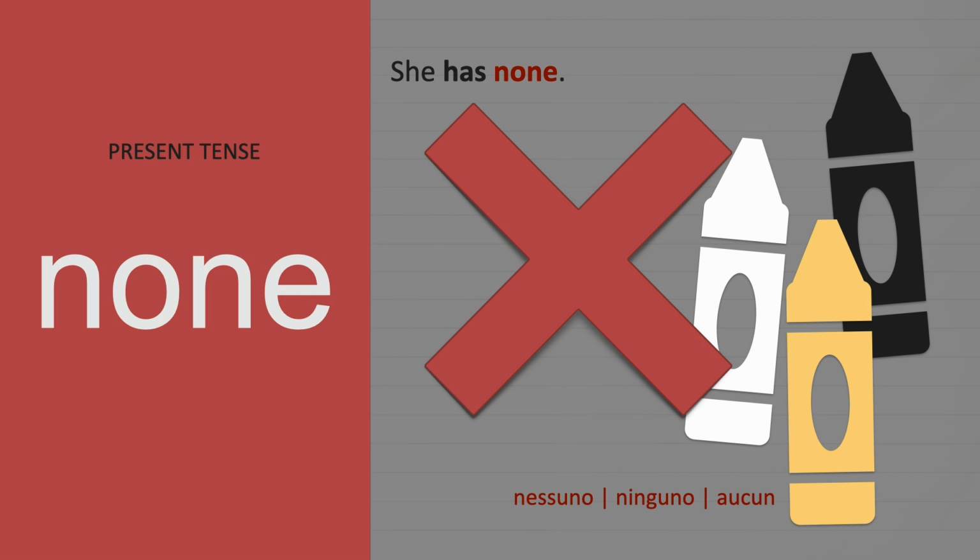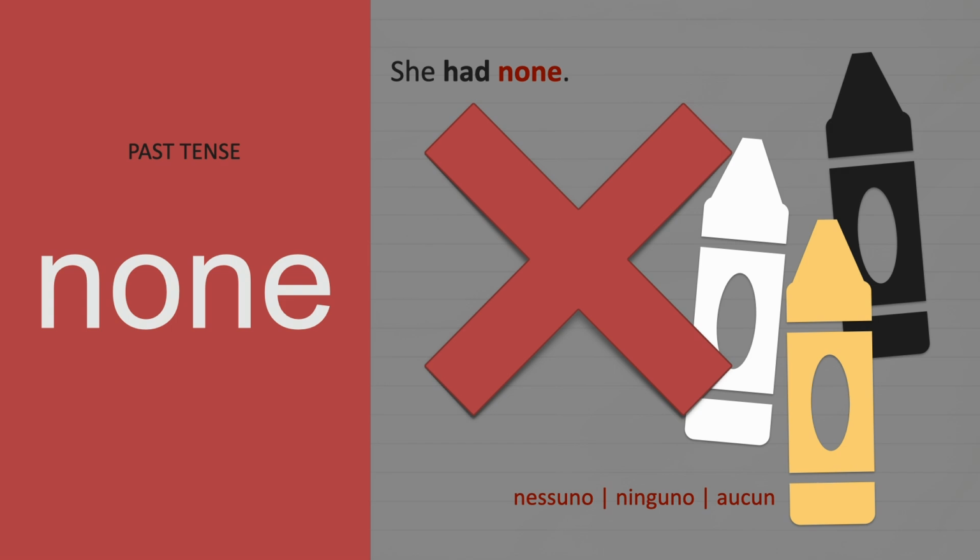That is all present tense. Let's say this using the past tense. She had none.